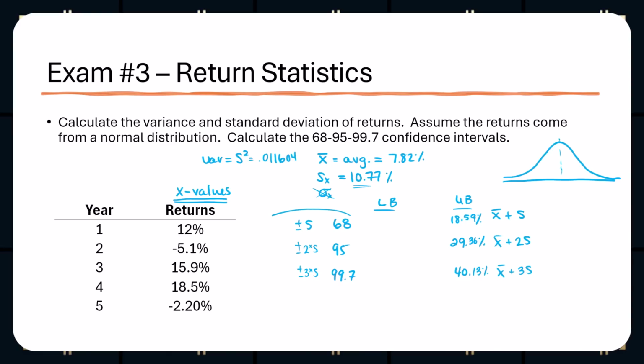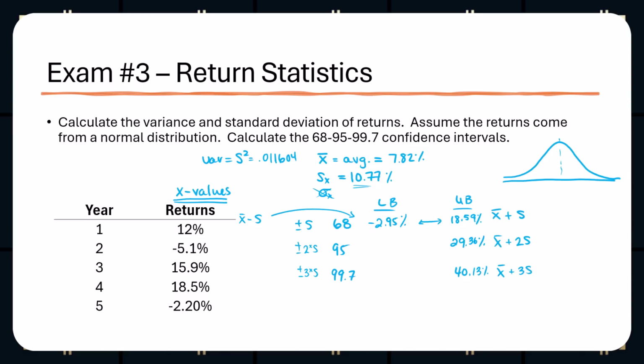Okay, we'll take a similar approach for our lower bound, but this time we're going to be subtracting. For this number, we take x bar, our arithmetic average, and subtract off 1 standard deviation. So I'm going to take 7.82% and subtract off the 10.77%, and I find a lower bound of negative 2.95%. Now the question is, why do we care about finding this information?